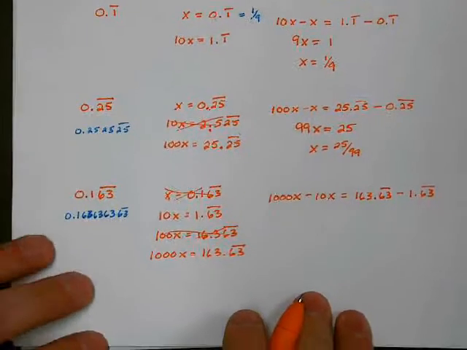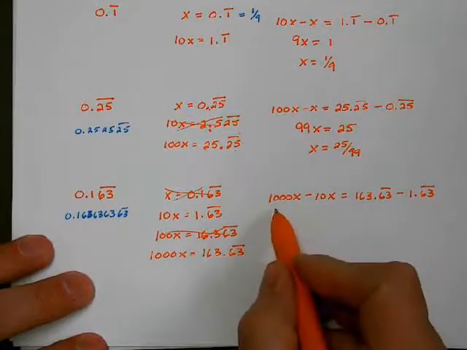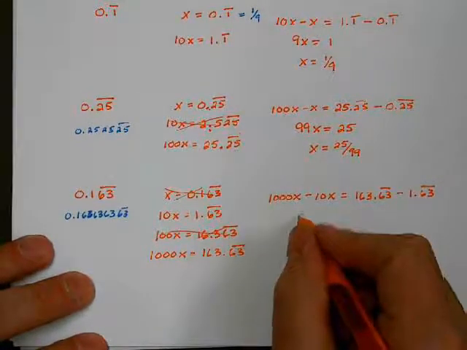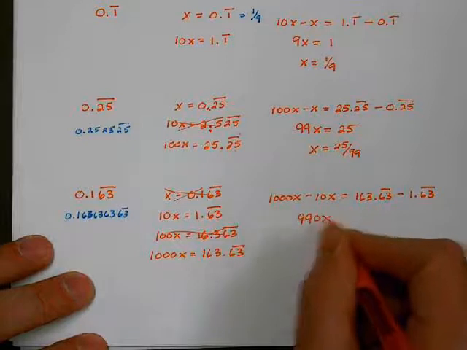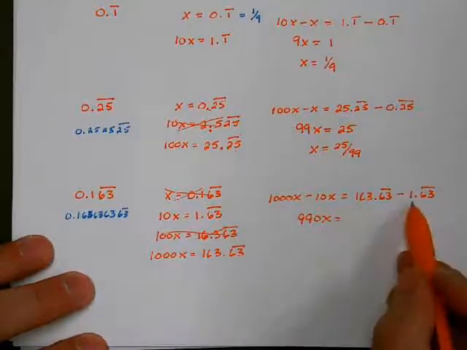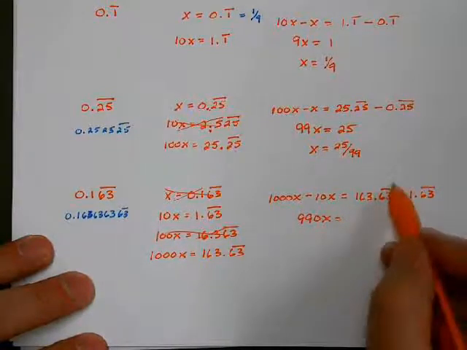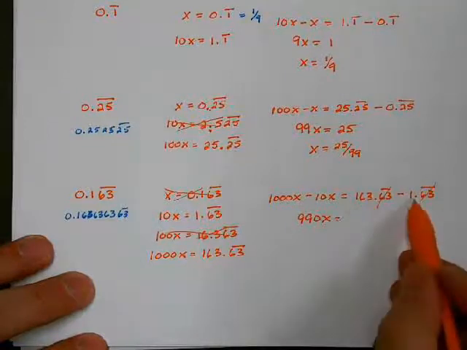So if I've got 1000x minus 10x, that would be 990x. Over here, 163.63 repeating. The 63 repeatings cancel. So I get 163 minus 1, which is 162.